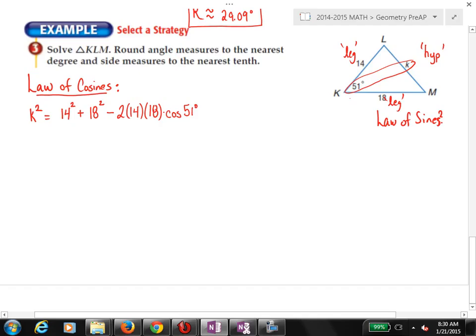I need to solve for k. Notice how k is almost isolated by itself on one side of the equal sign, but how do I undo or get rid of that square? Square root. I'm going to take the square root of both sides.